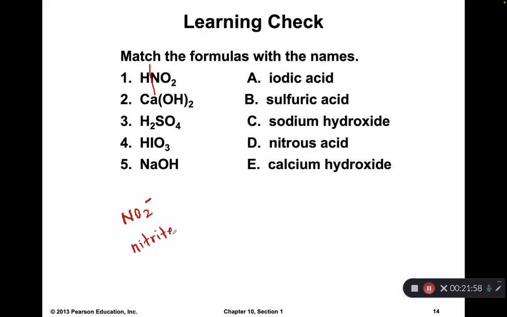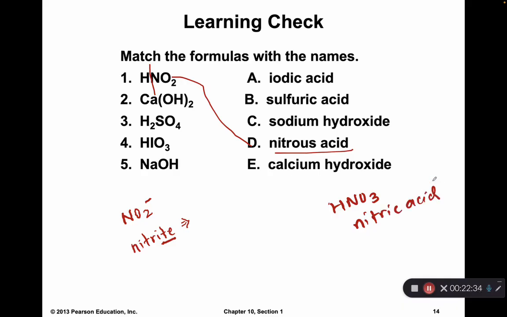So whenever we have ite, it becomes ous. So we have here nitrous acid. This is the correct answer for the first one. If I had nitric acid, the formula would be HNO3, right? So if I have HNO3, then this is nitric acid.